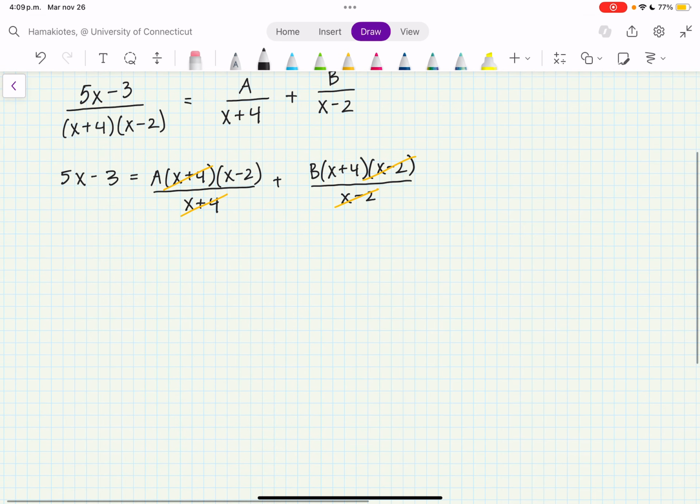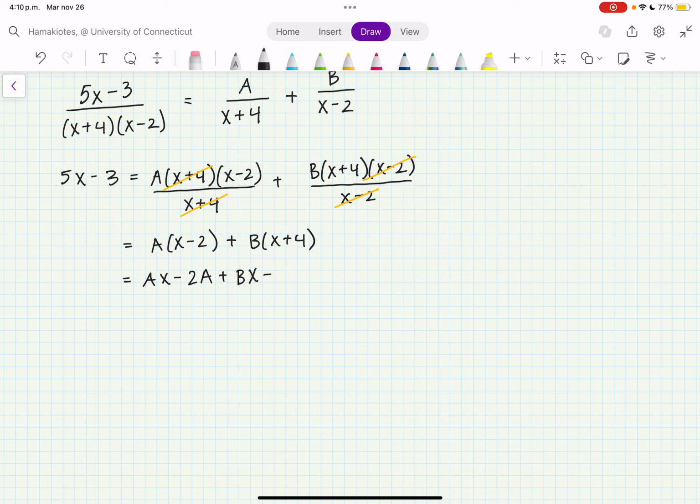So this is equal to A times x minus 2 plus B times x plus 4. Now I can distribute the A and B. So I have Ax minus 2A plus Bx plus 4B. Now remember, this is all equal to 5x minus 3.